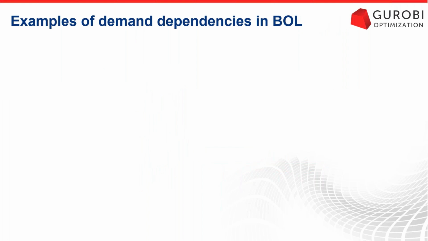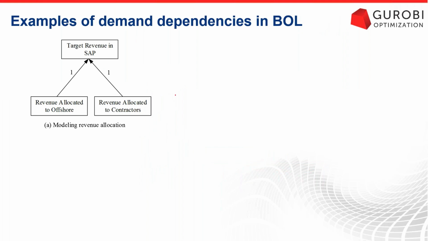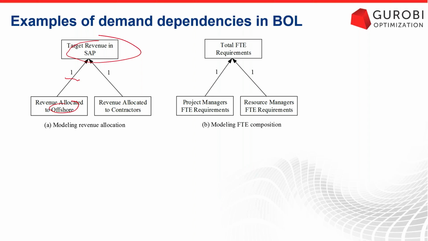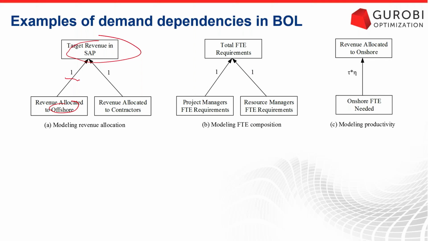Now let's put this multiplier into context. In the first example, we're showing the split of target revenue into offshore and the third-party partner. Here you can see the multiplier is simply a scalar of 1. Similarly, to decompose the total FTE into FTE with different roles, we only need a multiplier of scalar 1.